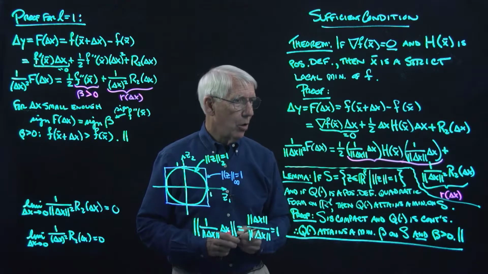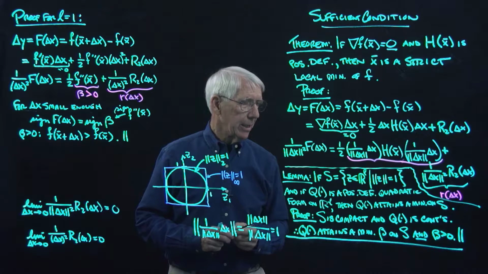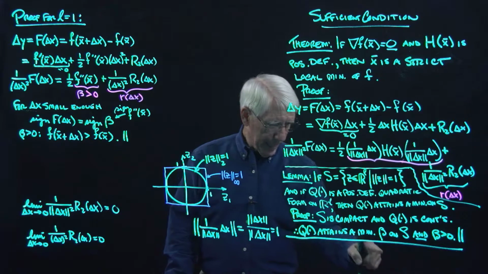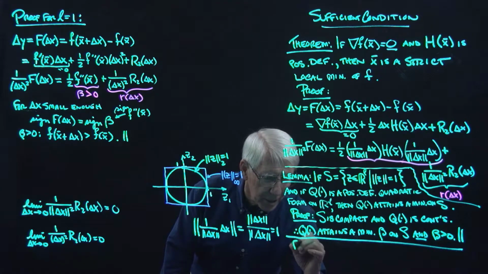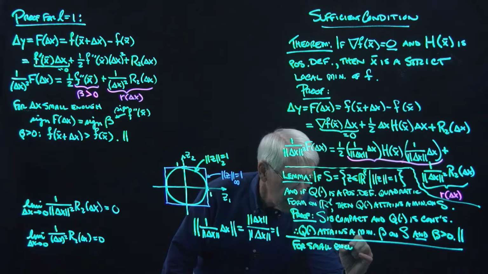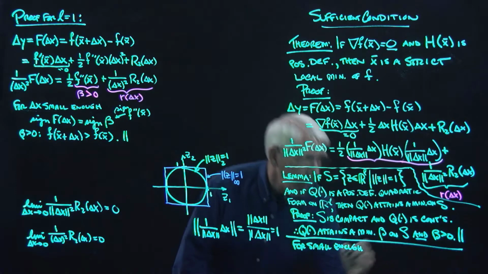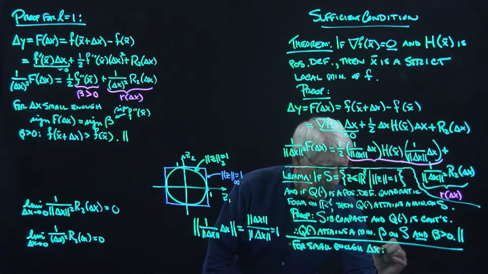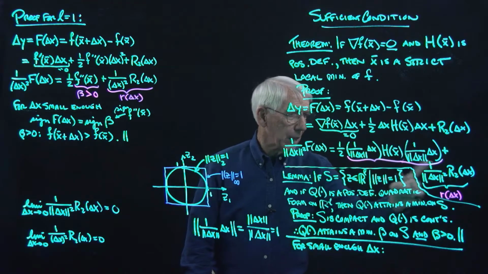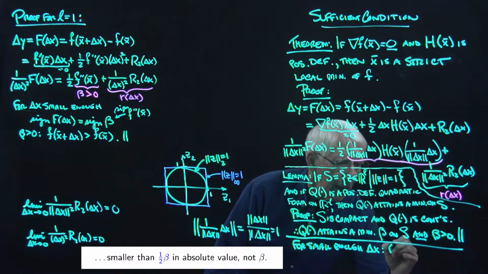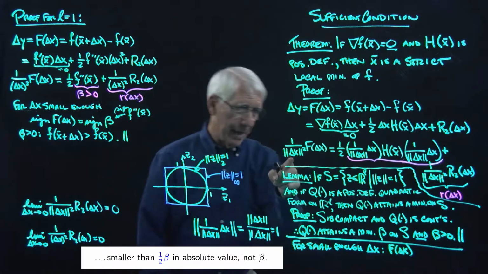that beta. So what we have then is that for small enough delta x, we have r of delta x is smaller than beta, so we have f of delta x dividing by something squared.